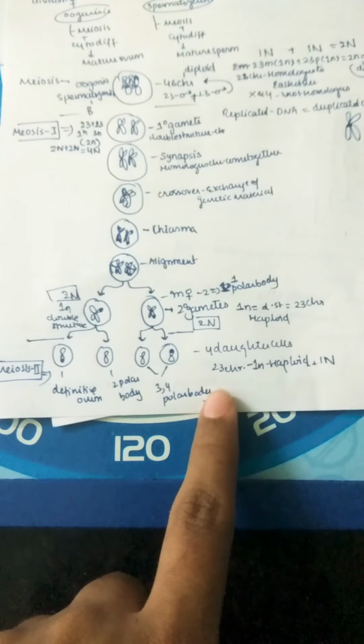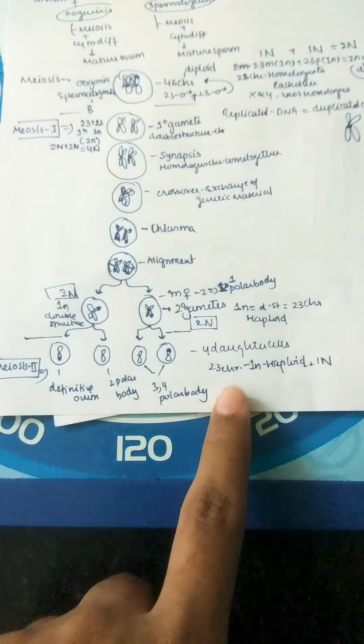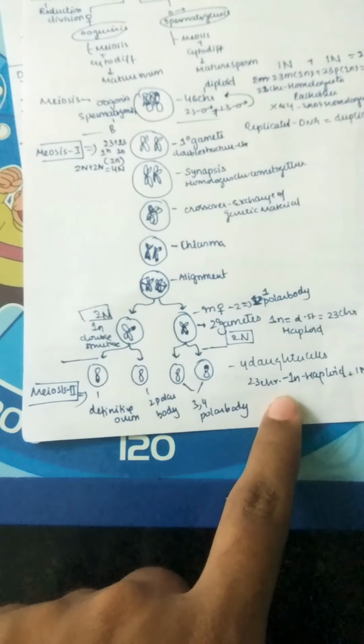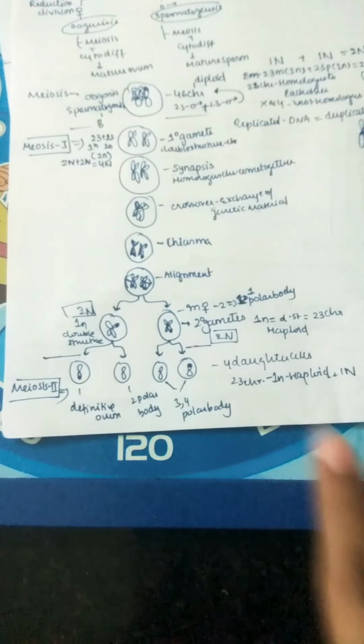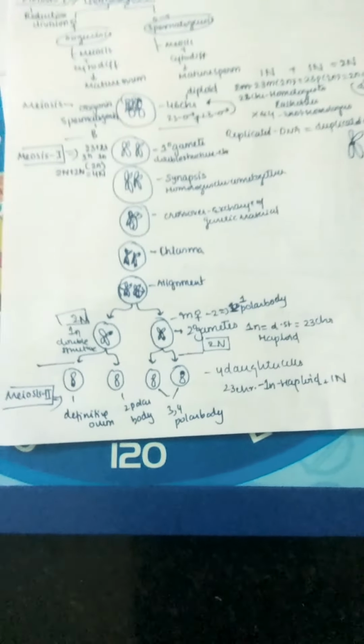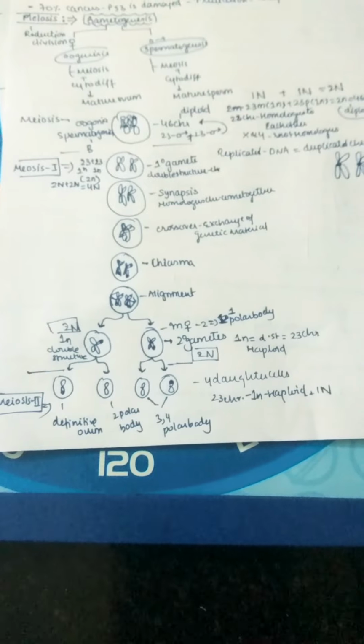In the case of a male, all 4 daughter cells are formed, with 23 chromosomes, haploid and 1N. This we need to remember. In the male, 4 spermatids are formed and these will later turn into spermatozoa, but in the female remember only one definitive ovum forms and all the others convert into polar bodies.